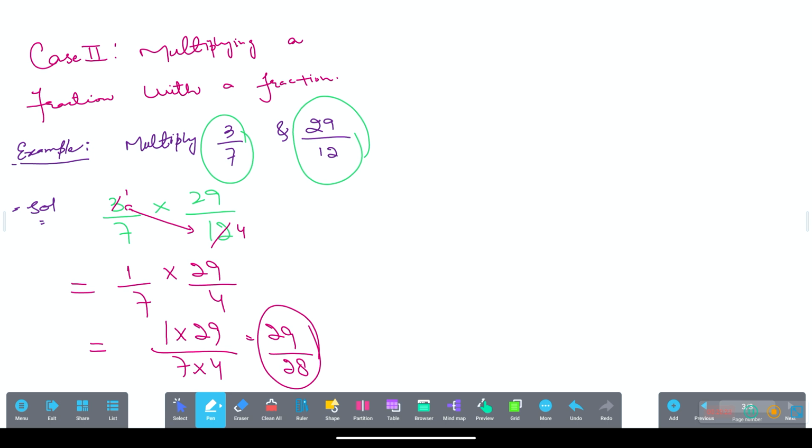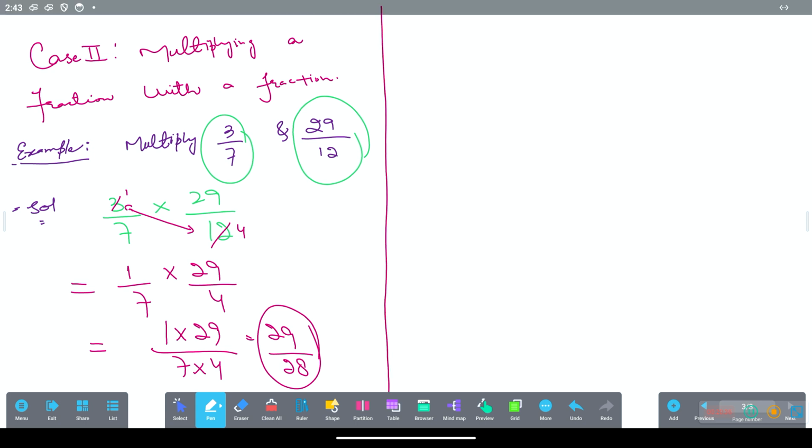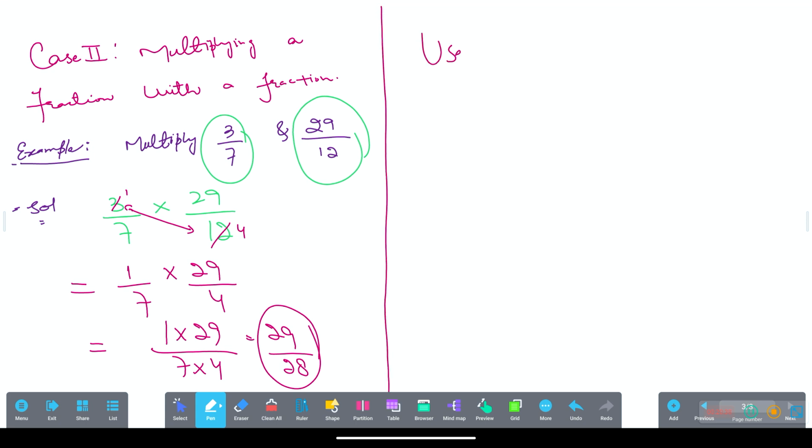Now there are some situations where you will have the use of the word of. I am writing here. See, the important thing is the use of.